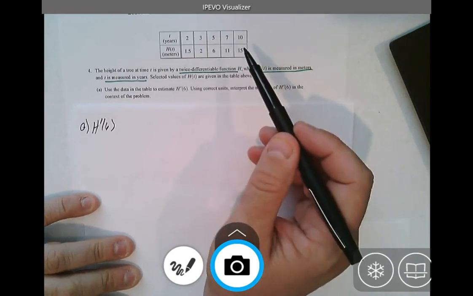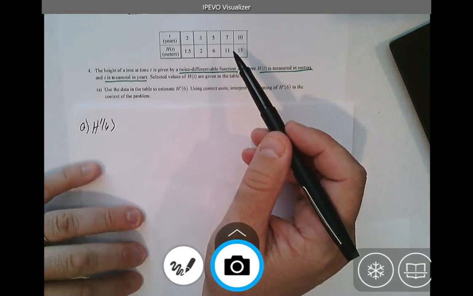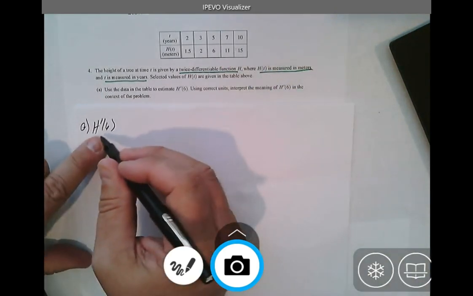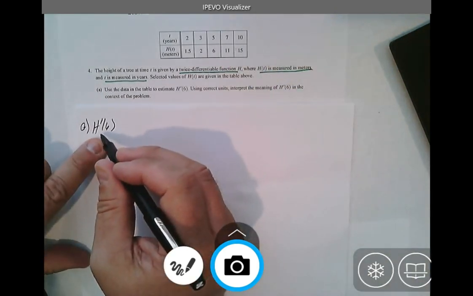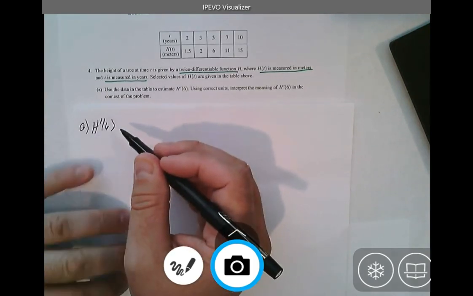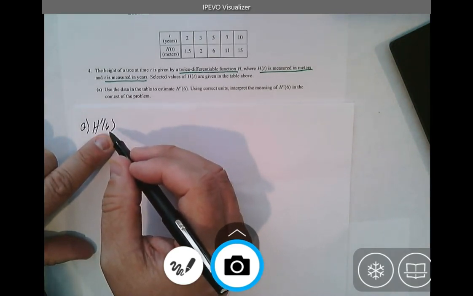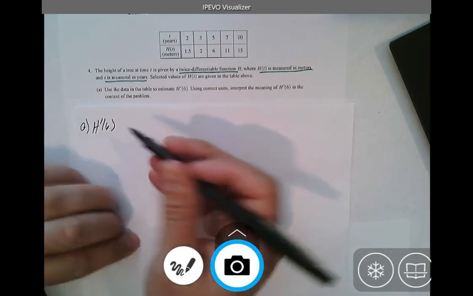A common thing that we do in AP Calc, and I would expect it's going to show up on your free response exam as well, is that you're asked to approximate or estimate the value of the derivative, the slope of the tangent line at one point. What you're going to have to do is use two other points on the curve that are close to 6 to find the slope of the secant line.